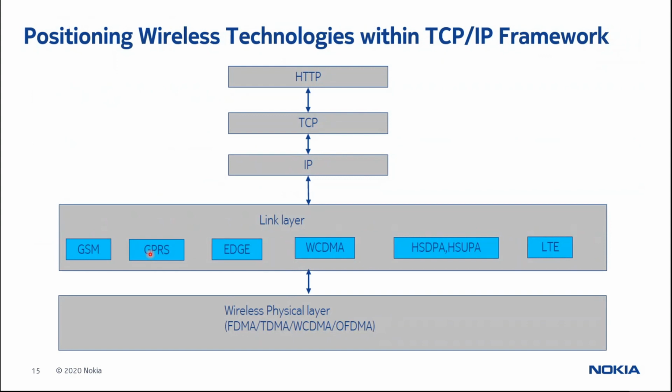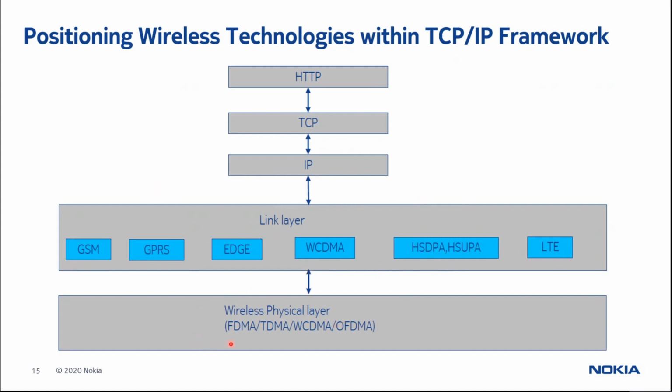So we have heard about various technologies: GSM, GPRS, EDGE, WCDMA, HSDPA, HSUPA, and LTE, right? They are basically the link layer protocols. So in the context of the TCP/IP framework, they all get positioned in the link layer basically.